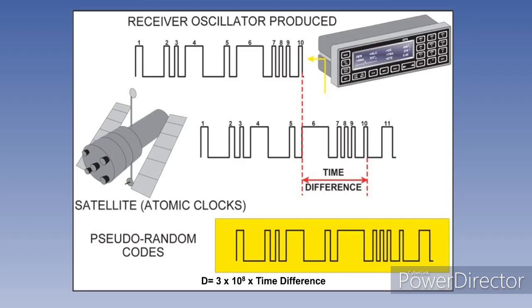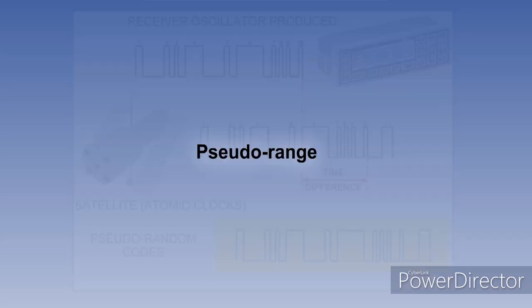As the speed of radio wave propagation is known, namely 3 times 10 to the power of 8 meters a second, the observed delay in receipt of the satellite signal can be converted into the distance that the signal has travelled. This will be in error by the difference between the receiver clock and the satellite clock, and so will not be the accurate range. We call this the pseudo-range. How this is corrected will be explained shortly.